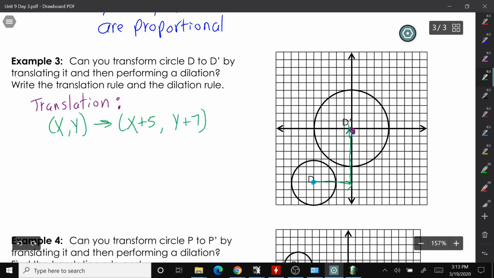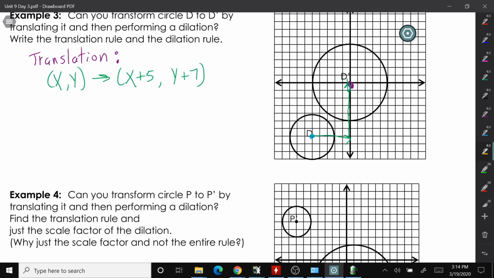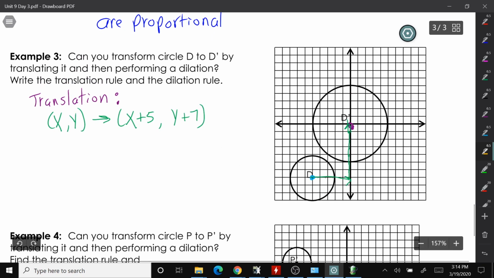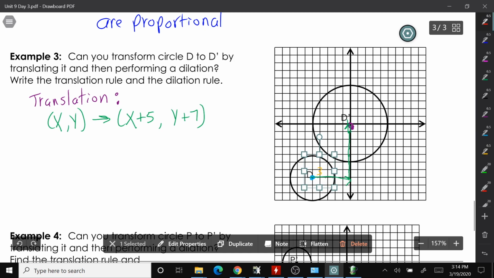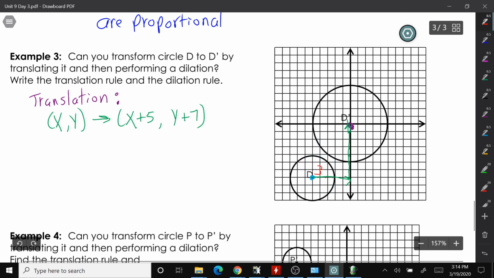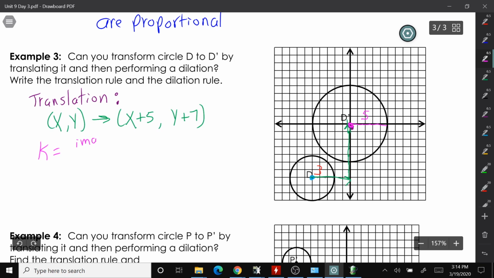Now we have to dilate it to figure out how big to make this. The radius of D is 3 units. The radius of D prime is 1, 2, 3, 4, 5 units. Remember, in a dilation, our k value is the image divided by the pre-image.